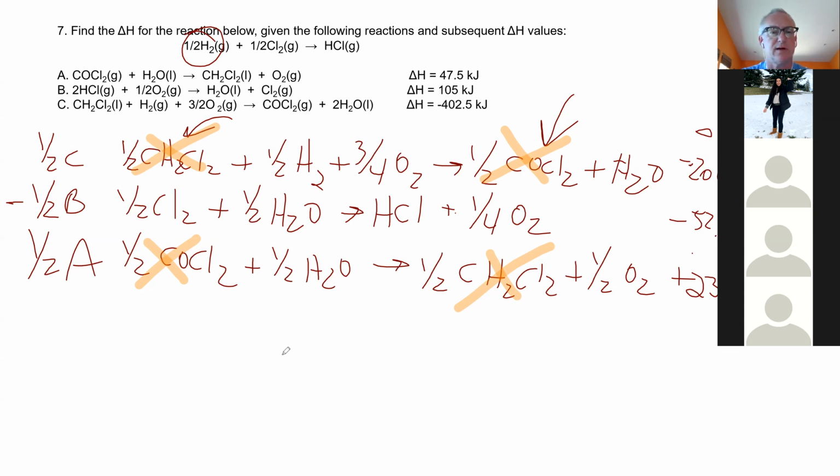So let's do water next. How much water do I have in all 3 reactions? One in the first. I've got half here and half there. And how much product? One in the product too. Okay, so it gets rid of our water. So what else do we need to deal with?